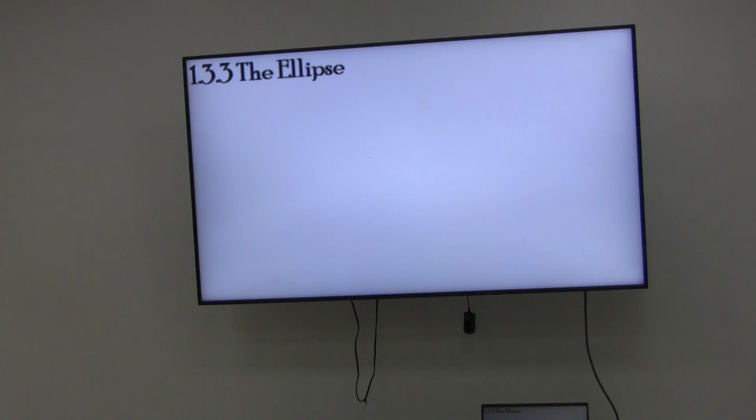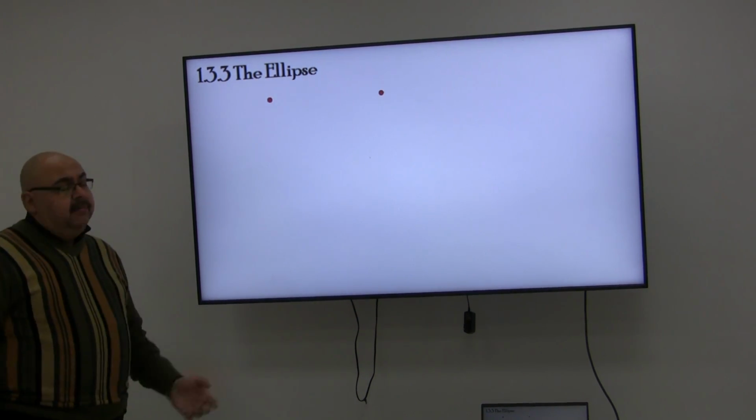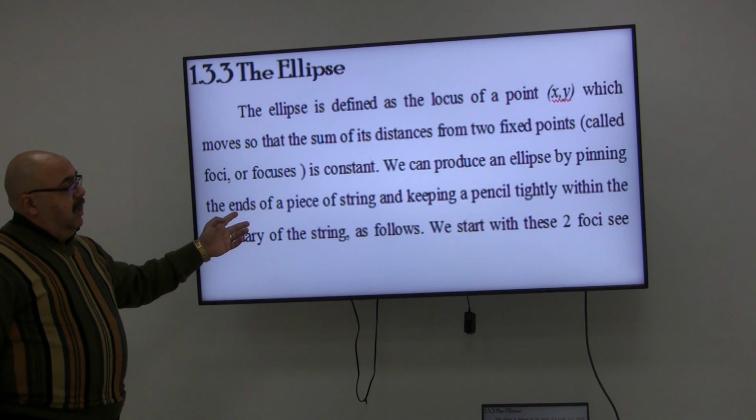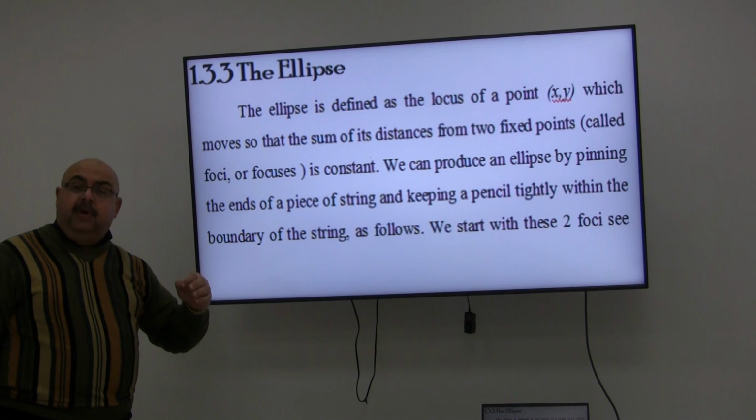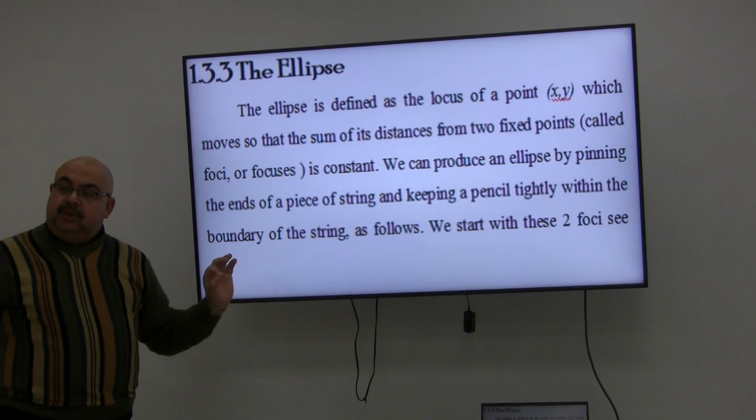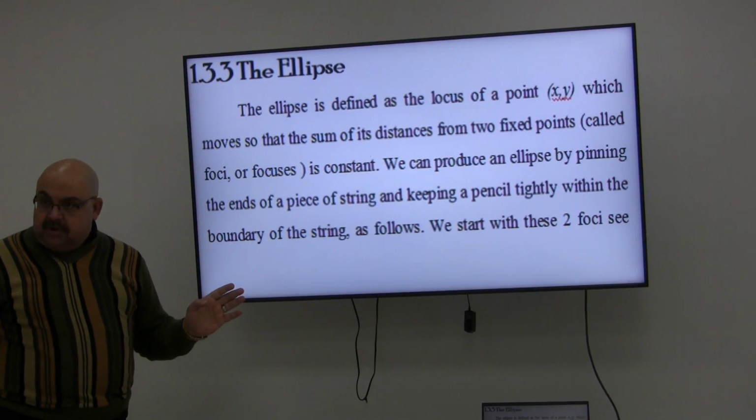I will talk specifically, for the time being, about the standard equation of an ellipse. What's an ellipse? First, the ellipse as described in this paragraph is the movement of a point x, y where the total distance to two fixed points is constant.